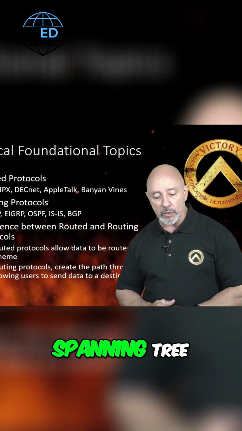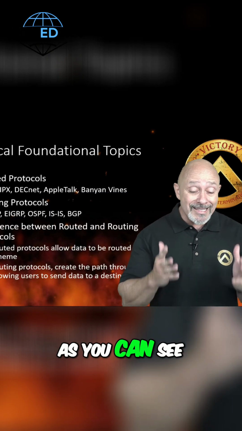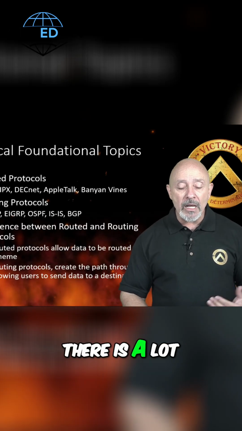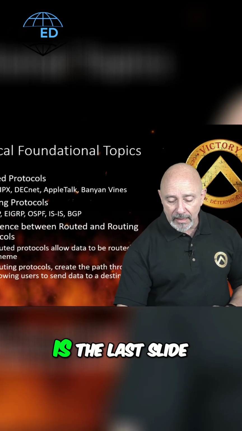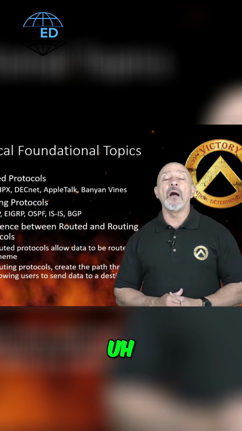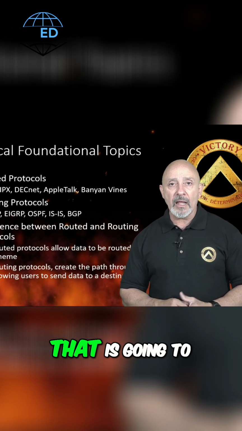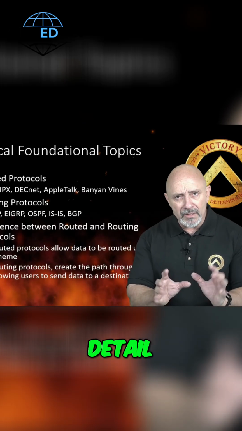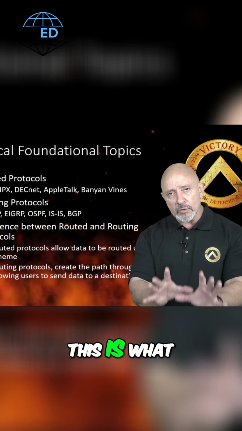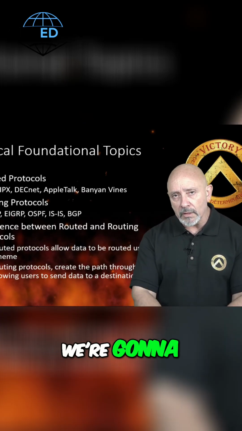But again, when we get to spanning tree, we'll talk about those things. So as you can see, there is a lot, and I believe that is the last slide, okay? There's a lot of information that is going to be covered in detail. This is just a critical foundation. This is what we're going to get into, and this is what we're going to discuss.